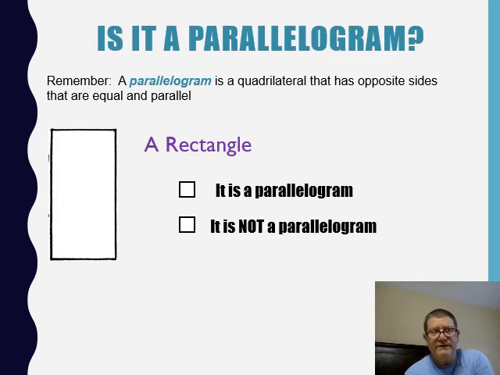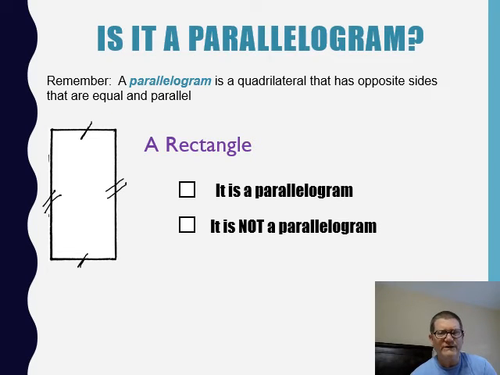Okay, so let's take a look at these, and let's see if we can clear all this up. It says, is it a parallelogram? Well, let's see. A parallelogram is a quadrilateral that has opposite sides that are equal and parallel. By looking at this, I have this one and this one that are equal and parallel, and I have this one and this one that are equal and parallel.